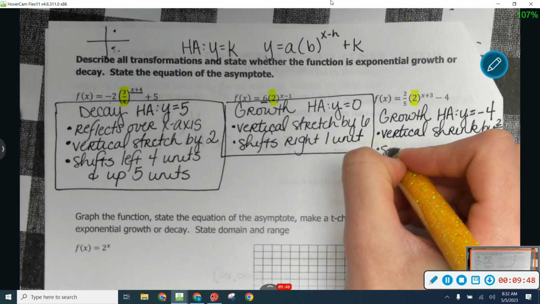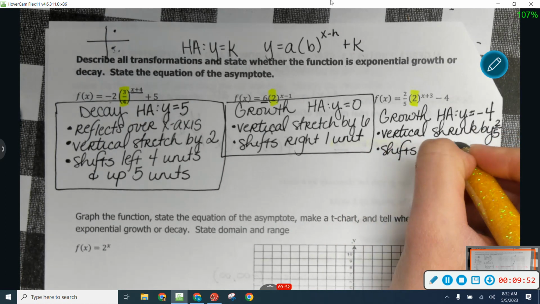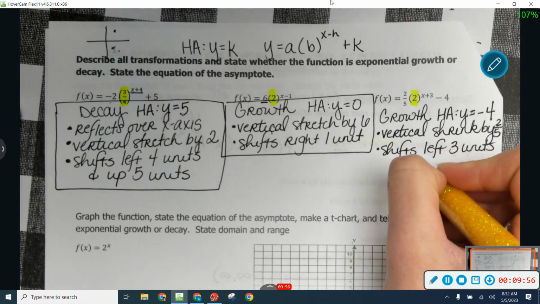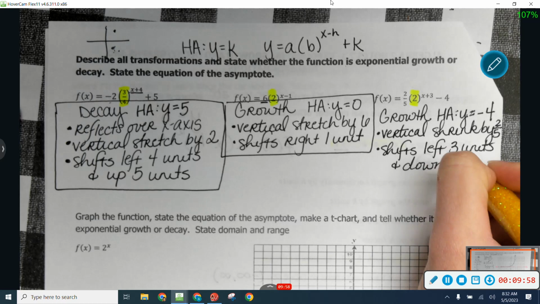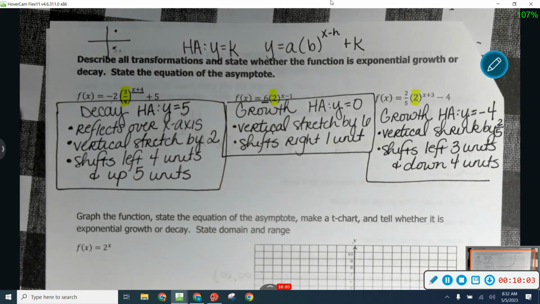And then it shifts left 3 units and down 4 units. Okay, y'all remember y'all's transformations? Okay.